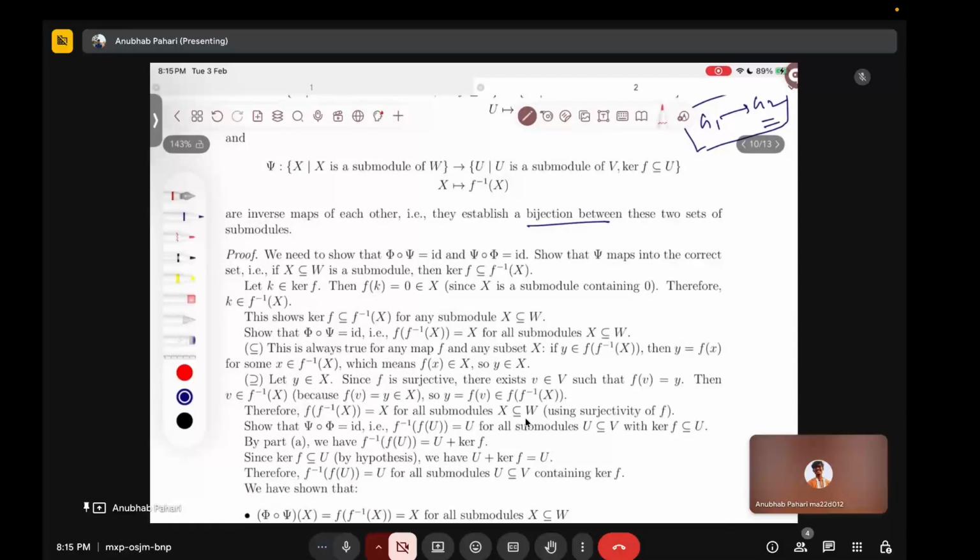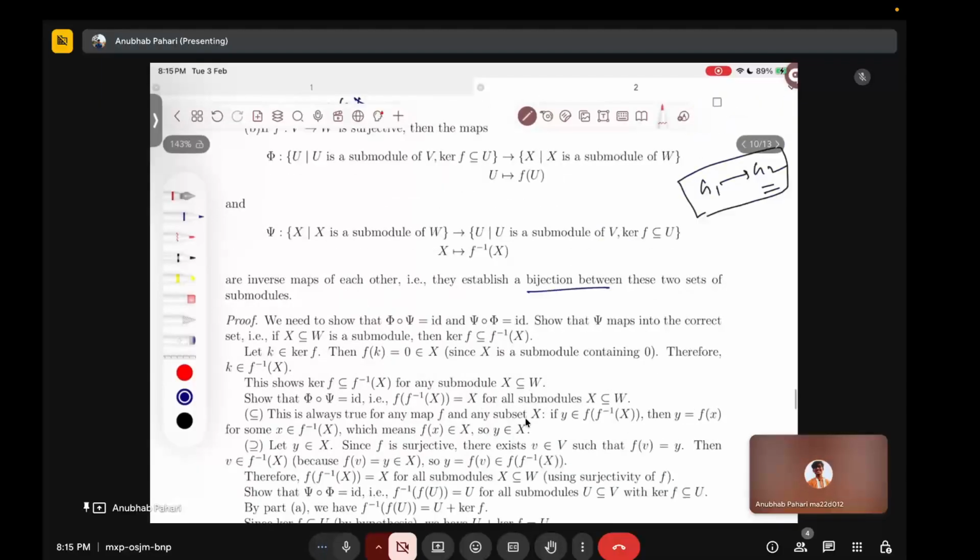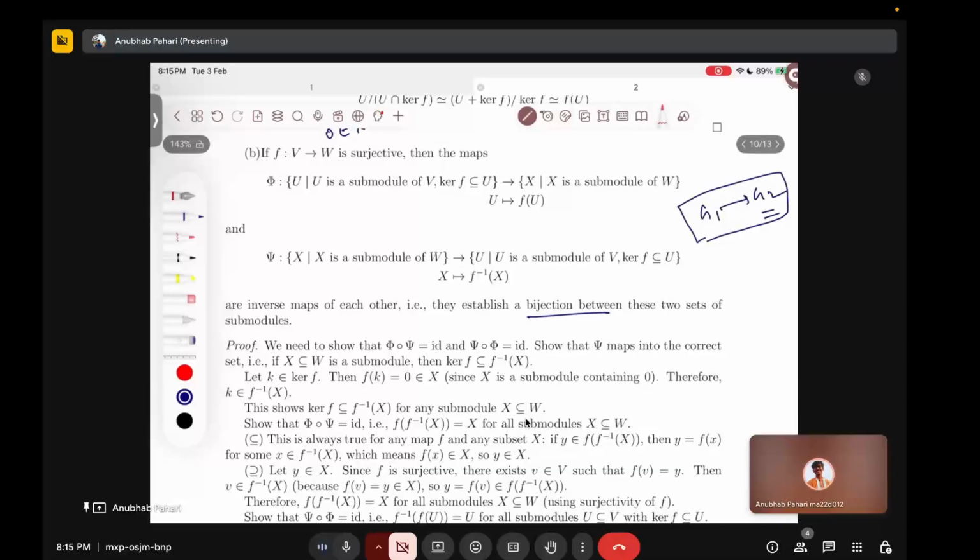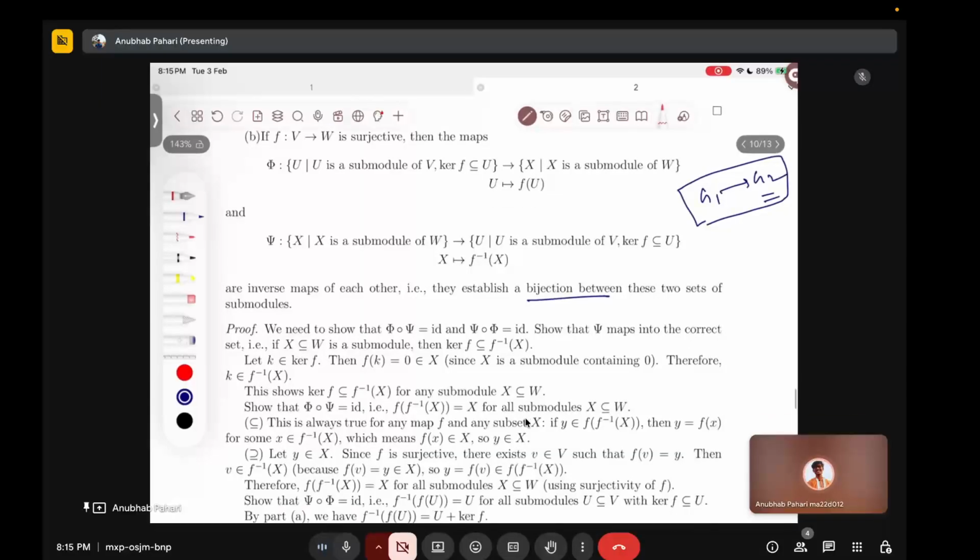What I have written here is that we need to show that these two maps, when composed, produce the identity on both sides, and therefore these maps give a bijection between them.